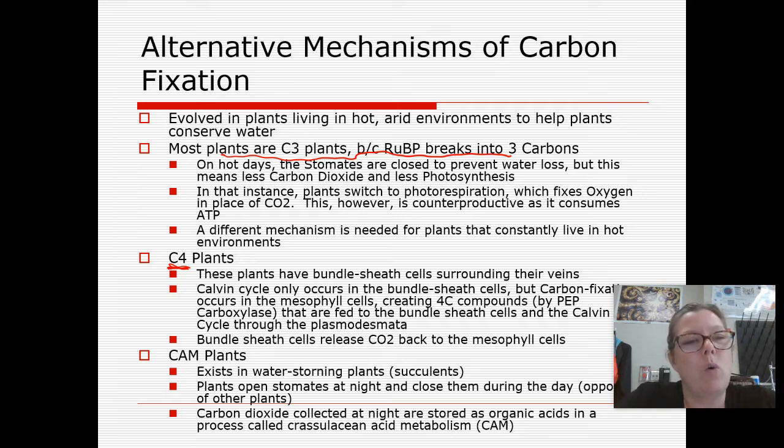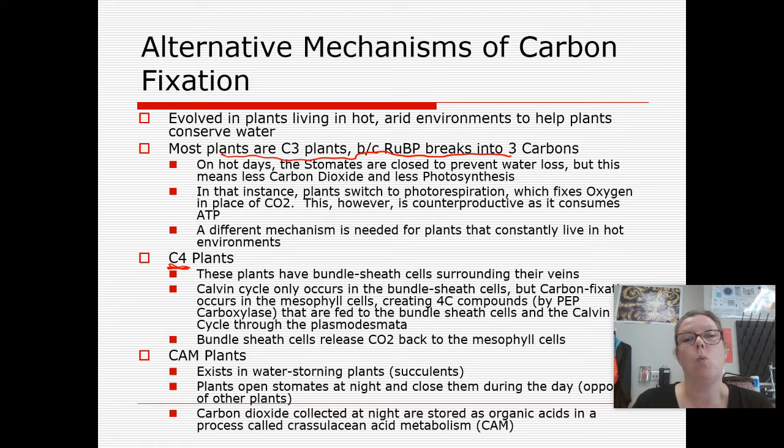And so essentially this is space separated, right? You're separating fixing of carbon and using carbon for the Calvin cycle into 2 different areas, so that whenever those stomates can be open, now all of those mesophyll cells are brought into action to fix carbon into a 4-carbon compound.